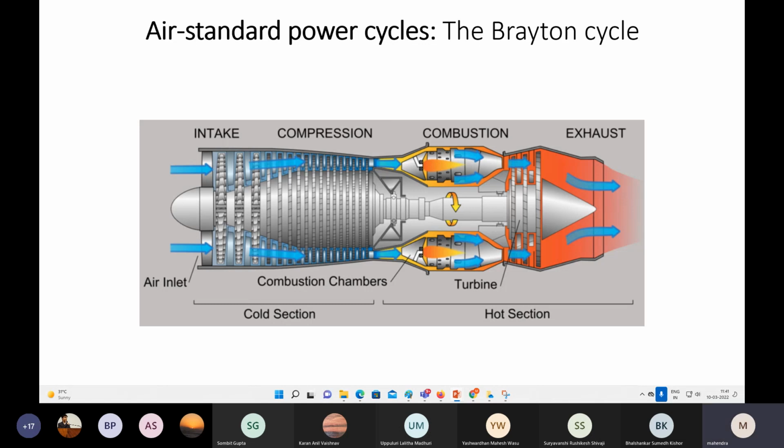Suppose this gas turbine engine is adapted to your aircraft. What do you need over there? You need thrust, because only because of the thrust is your aircraft able to move. Whatever energy we have, some minimum amount of energy we use upon this particular turbine.